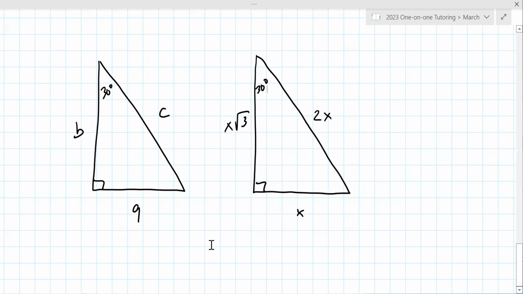You just said it though. X is 9, right? For the long leg, for C. C is the hypotenuse, it's not the long leg. Oh, right, my bad. Do you keep the hypotenuse untouched? Nope.